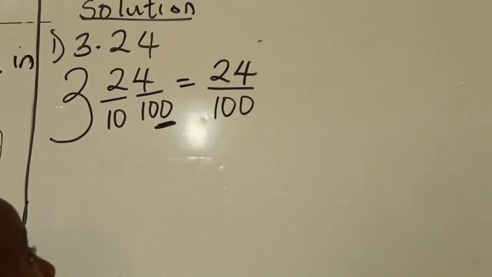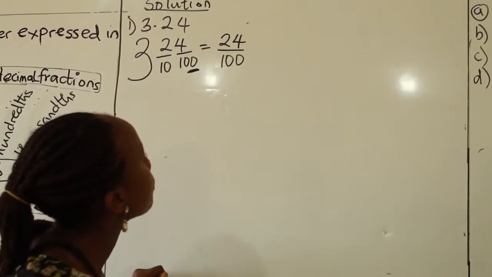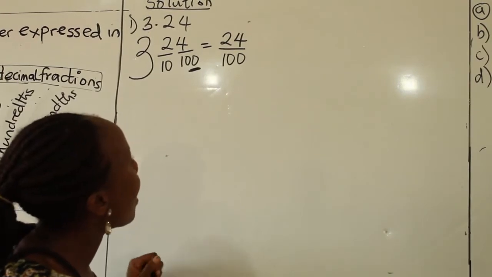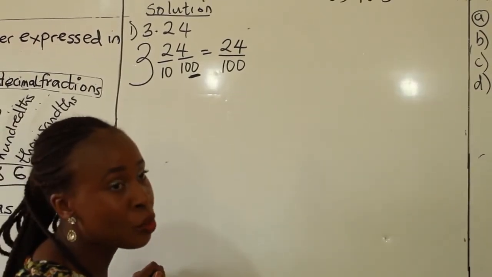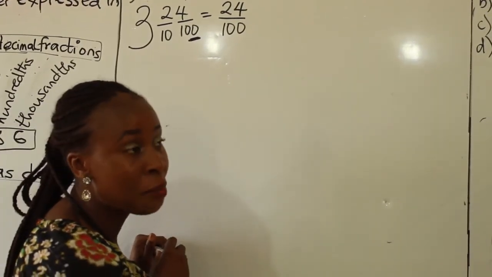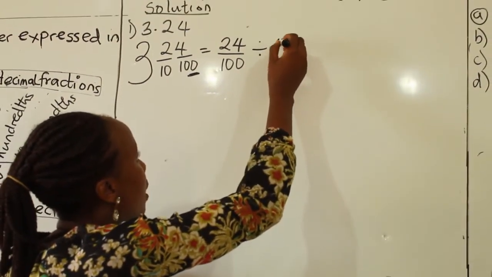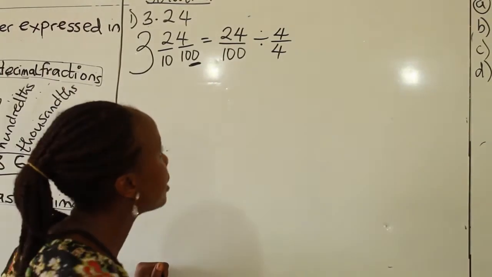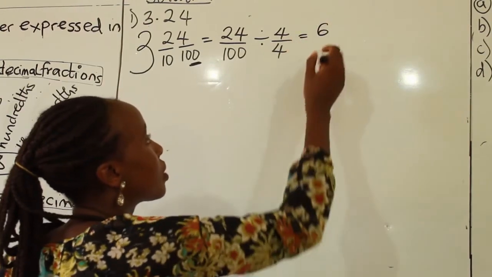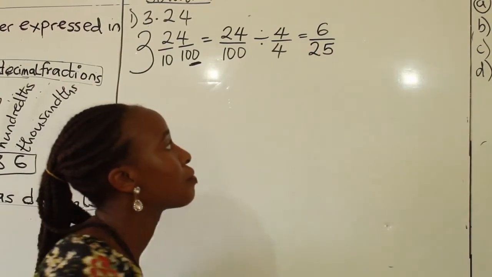The next thing we're supposed to do is reduce the fraction to its lowest term. Think of a single number that 24 and 100 can both be divided by. 4 can divide 24 and 100. 24 divided by 4 equals 6. 100 divided by 4 equals 25.